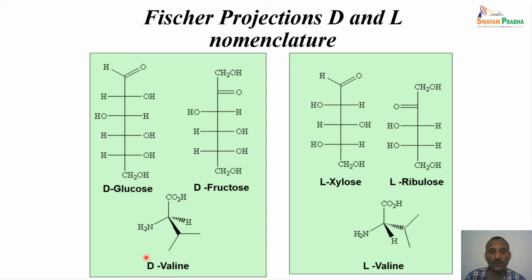And the same way, if we talk about valine, in this particular case we are going to look at this chiral center, and as I mentioned, all the normal, naturally occurring amino acids are L isomers. So L means this amino group is on the left hand side, and in this particular case, this is the mirror image written in a different way.